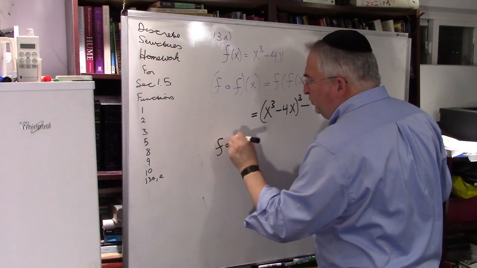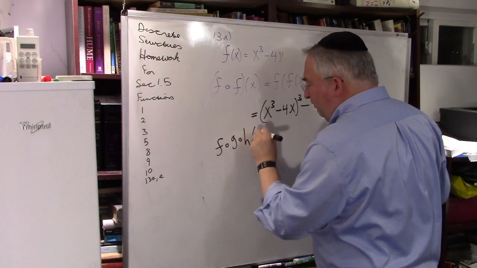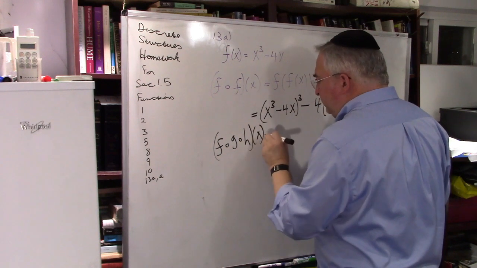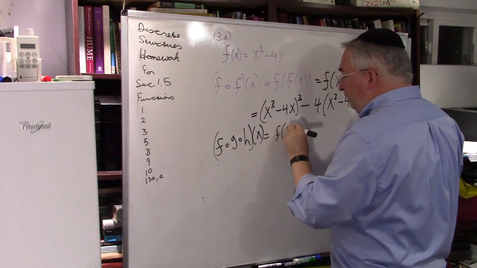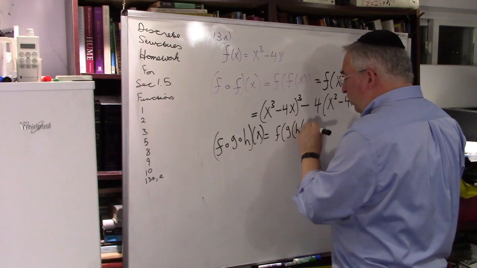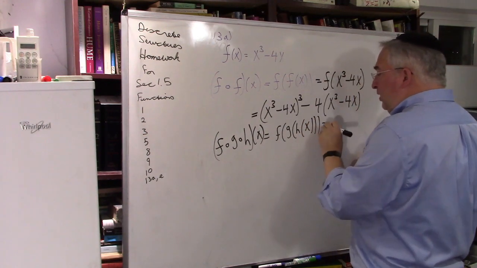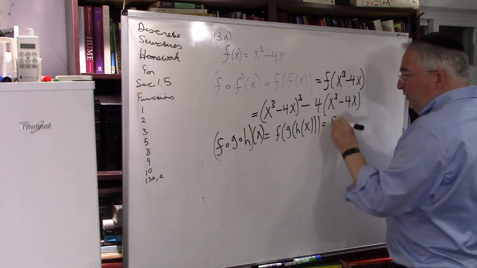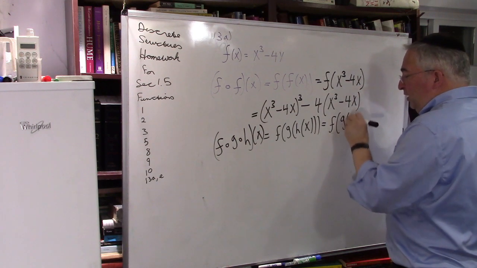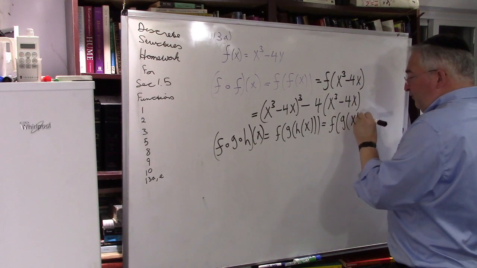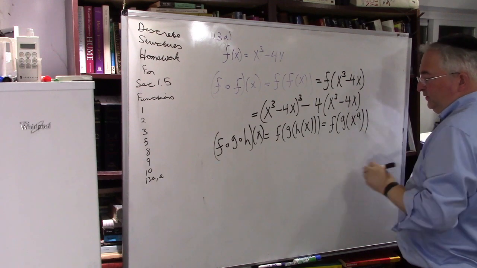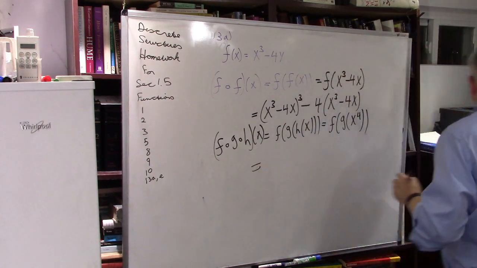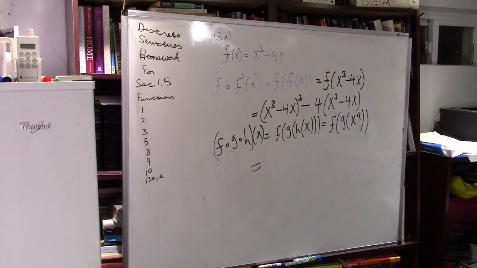F compose G compose H of X. So this is equal to F of G of H of X. First let's figure out what H of X is. H of X is X to the 4th. So this is equal to F of G of X to the 4th. Now we do what G is. G does 1 over X squared plus 1.